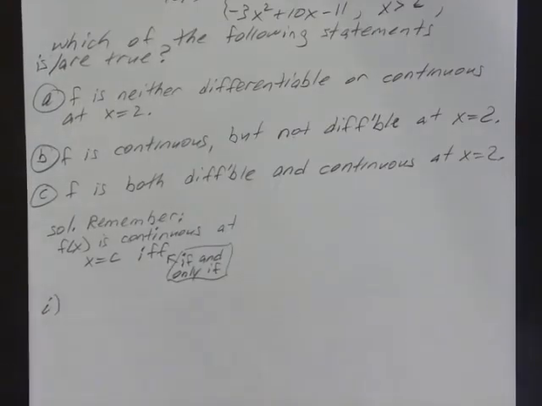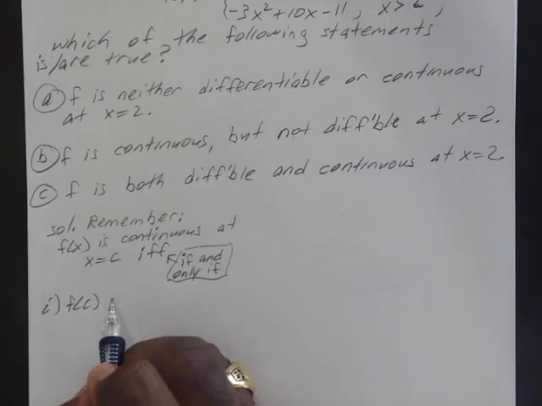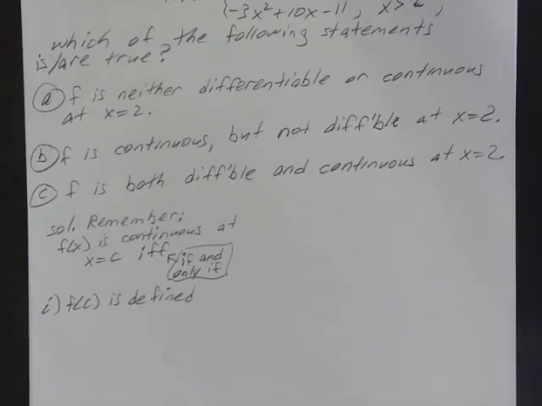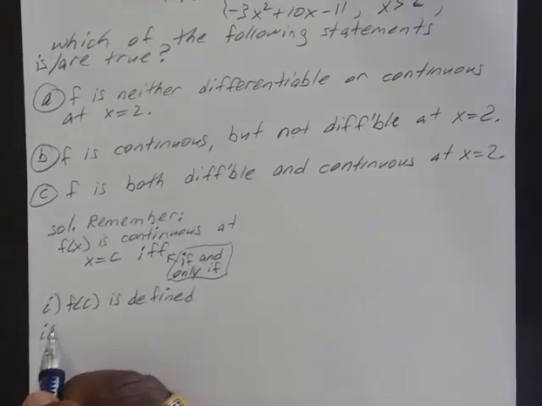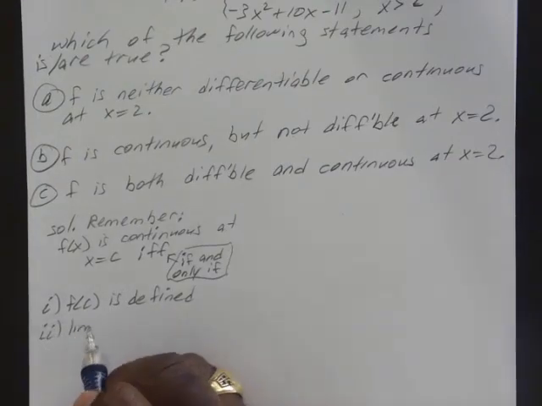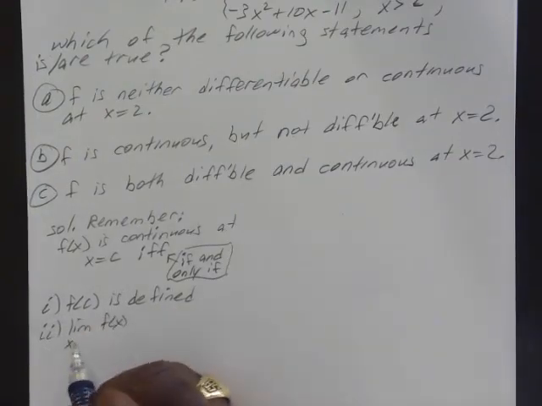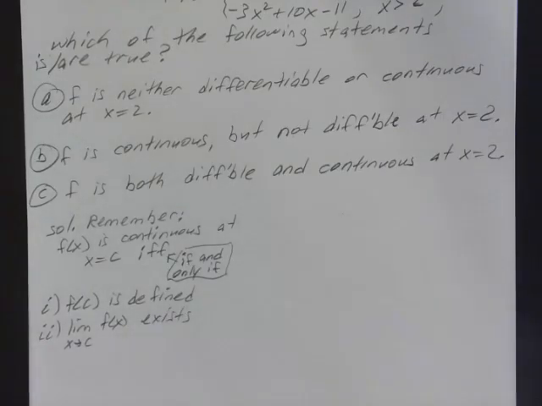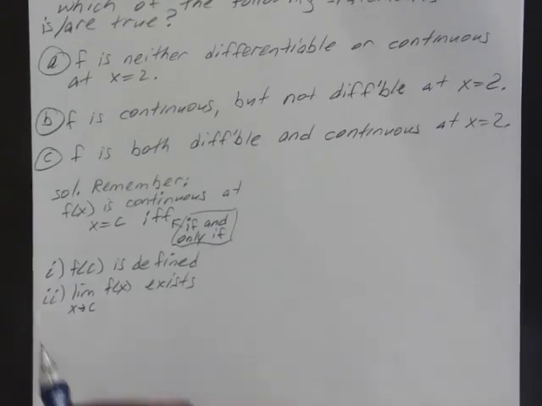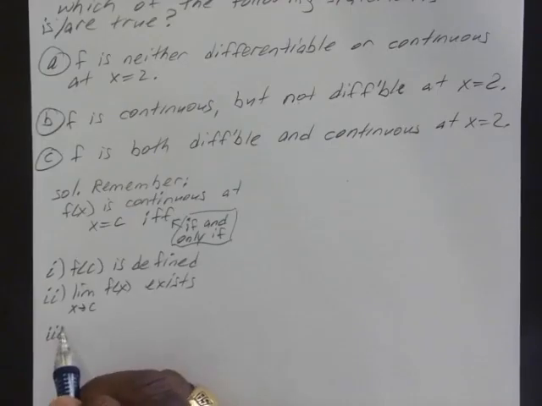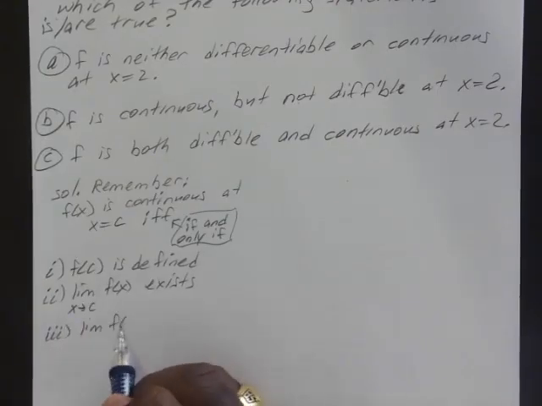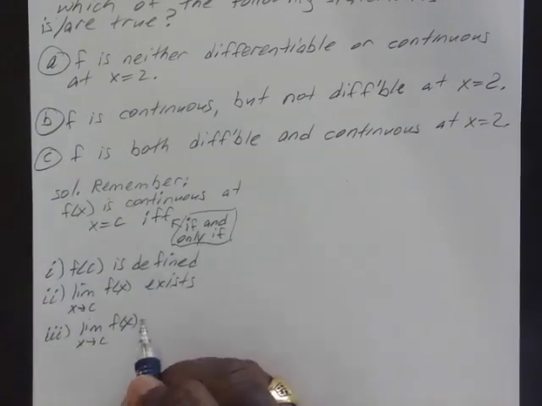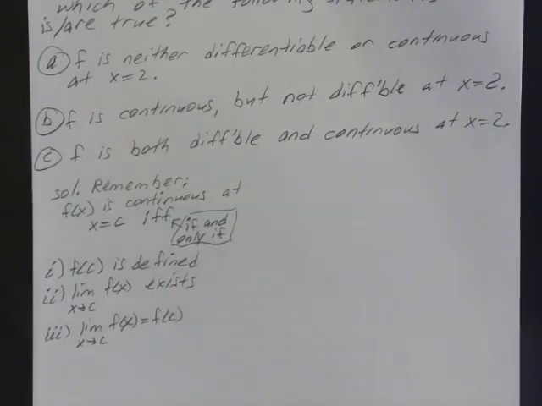Okay, so the first condition was that f of c is defined. Remember, the second condition is the limit of f of x as x approaches c exists. And the third condition is that the limit of f of x as x approaches c is equal to f of c.